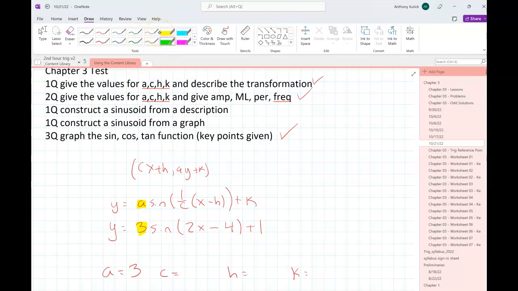All right, what's C? Okay, so Nate says let's factor out the 2. While we do need to do that, that doesn't really change what we're going to get for C. But what is C going to be?